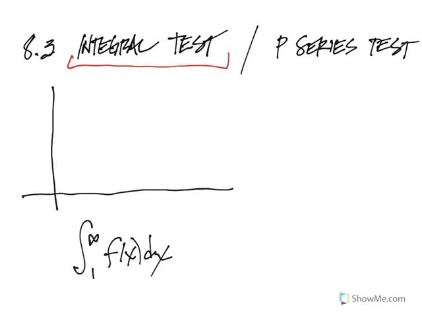If I take a look at f of x and I am looking for the area underneath f of x dx, in this case f of x does approach 0. The function itself approaches the x-axis. The question then becomes, what happens when I just look at the area from 1 out to infinity?